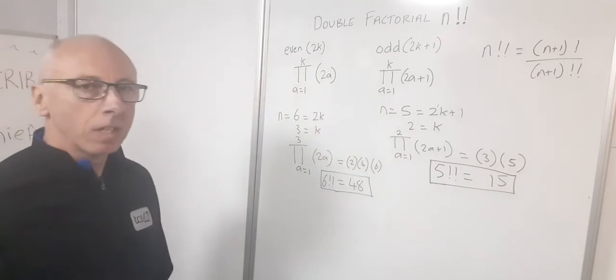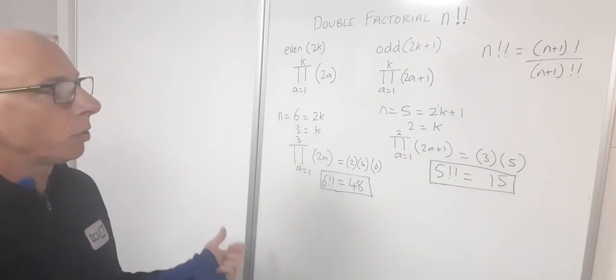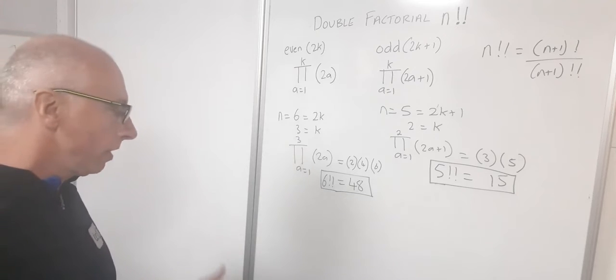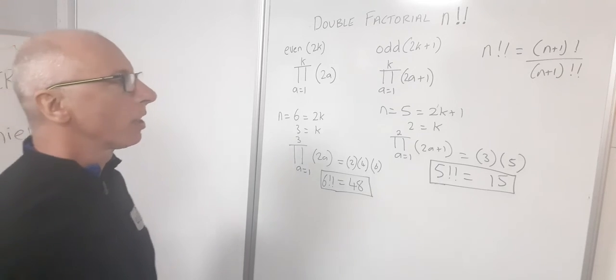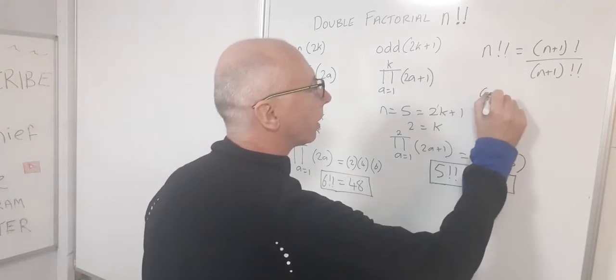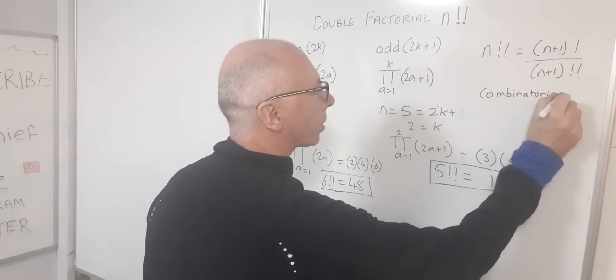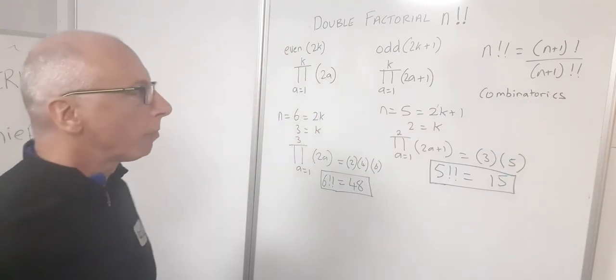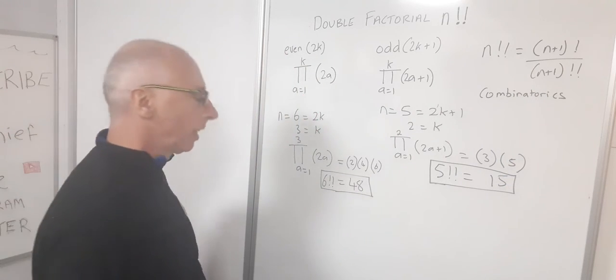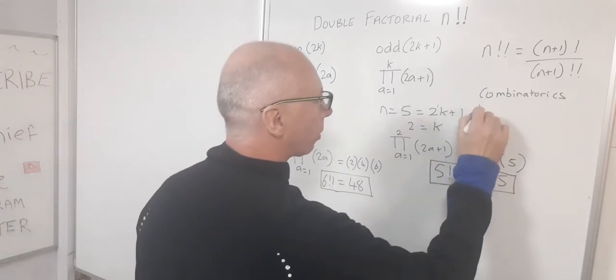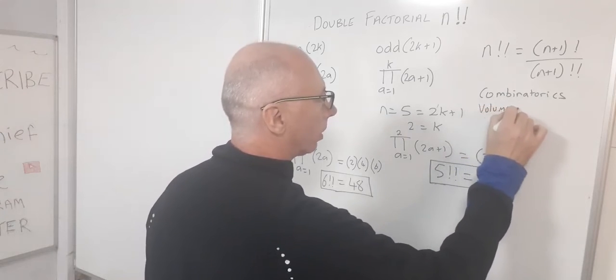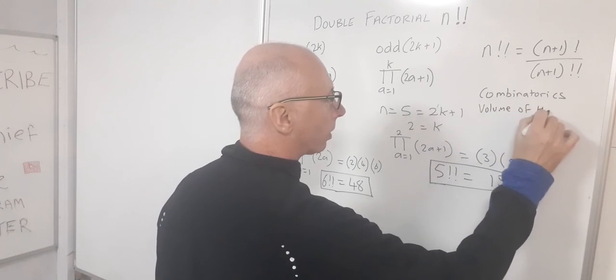And then just to end that, I'm just going to write down a few areas of mathematics where this is used quite a lot. So combinatorics, it's very popular in that, working for combinations, in probability and stuff like that. And then also in the volume of a hypersphere.